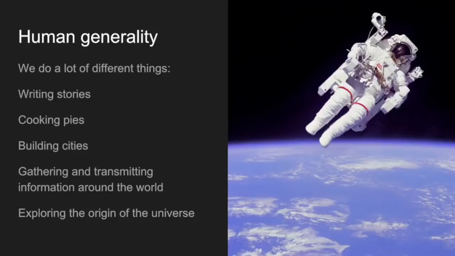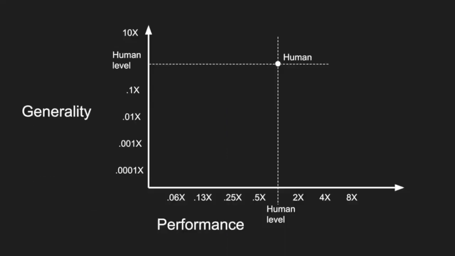Human-level generality is the set of all the tasks that humans can do and have undertaken. These include things like writing stories, cooking pies, building cities, gathering and transmitting information all around the world, and even exploring the origin of the universe. It's a very broad set of activities. We can represent human-level generality on the y-axis.